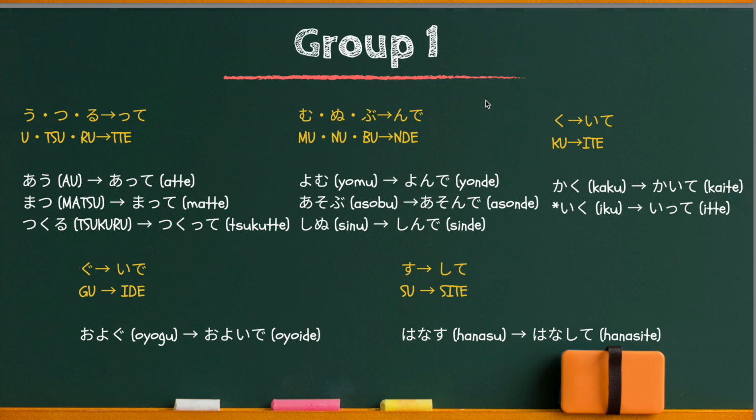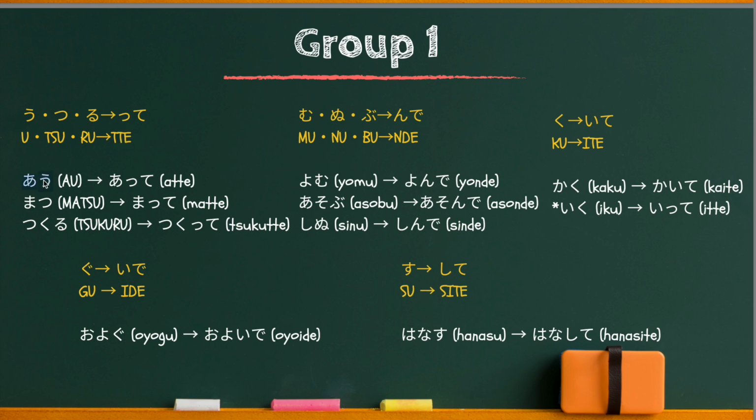So let's look at the very first rule of group 1. If the dictionary form of group 1 ends in u, tsu, or ru ending, change the letter into te. For example, au becomes atte. U ending, right? This becomes te.